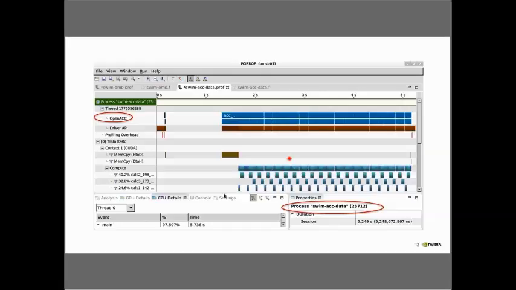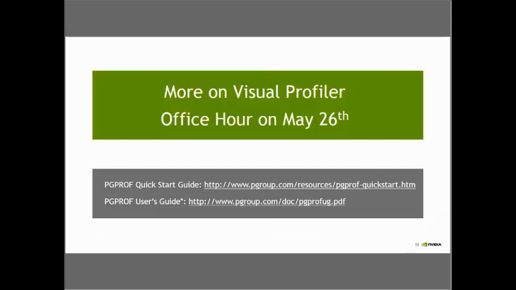And this would also lead you toward using the async compiler clauses, the directive clauses as part of OpenACC. So there's a way to iterate and make changes and then look at the code, in this case, visually. So again, this is the end of the commercial. There will be much more on the visual profiler for the office hours on May 26th.